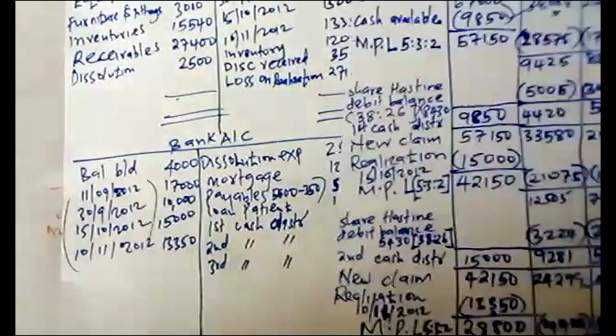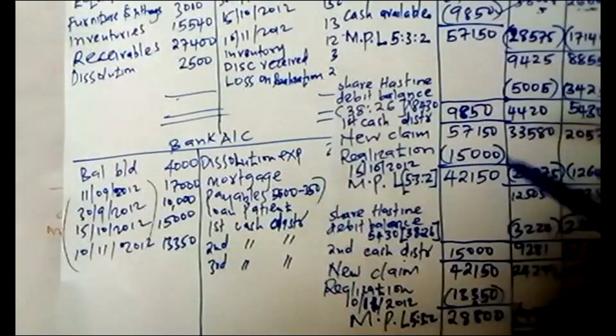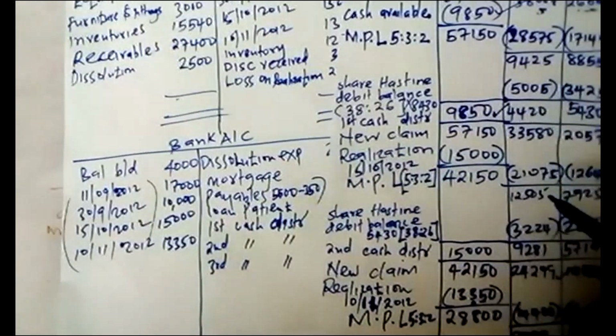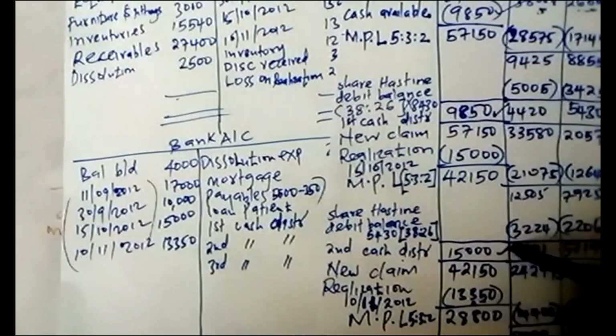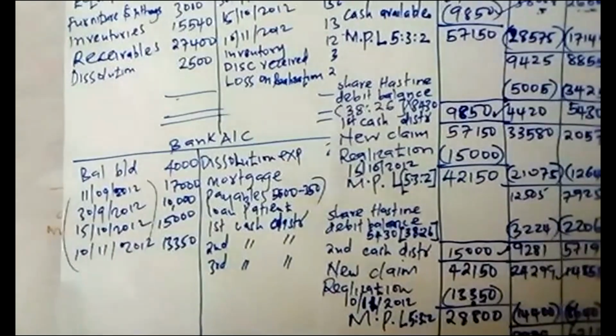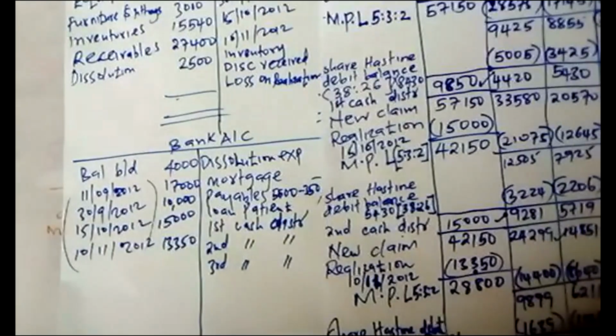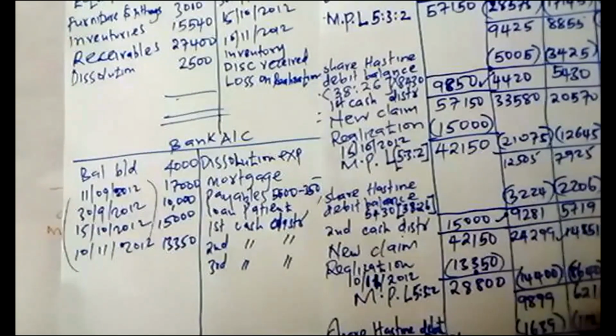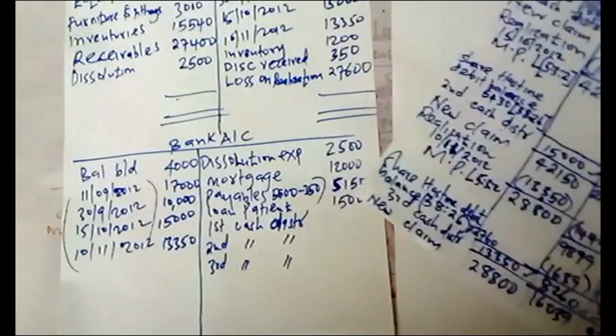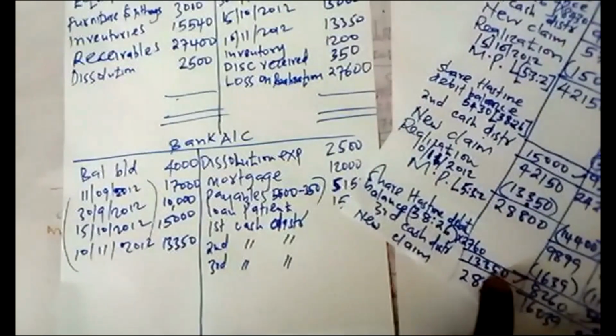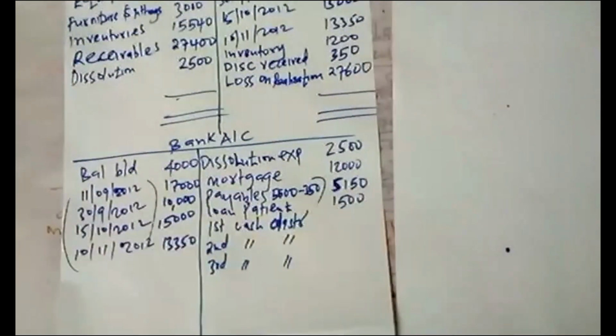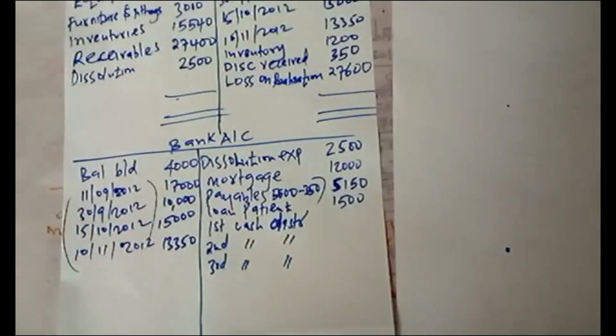So our first cash distribution was 98.50. We have 15,000. And the third one was 13,350. I think you can see it's 13,350 down here. So those are the amounts you record.